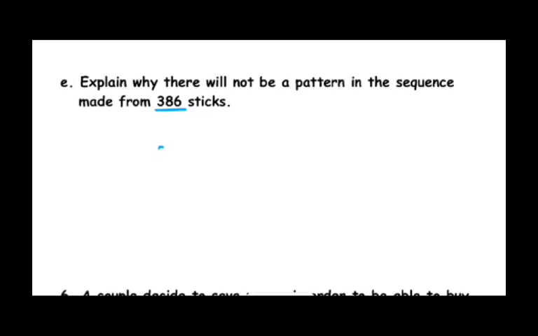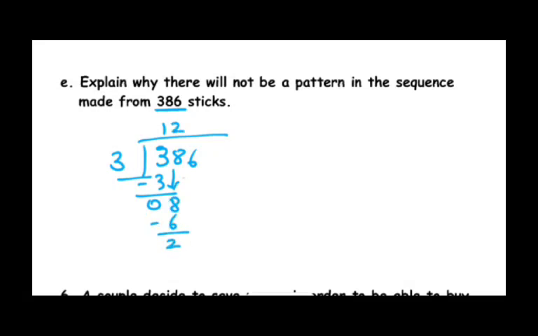Let's see if this gets divided by 3. 3 ones are 3. Carry down 8, 3 2s are 6, 2, 3 8s are 24 and 3 9s are 27. So this 386 is not divisible by 3.